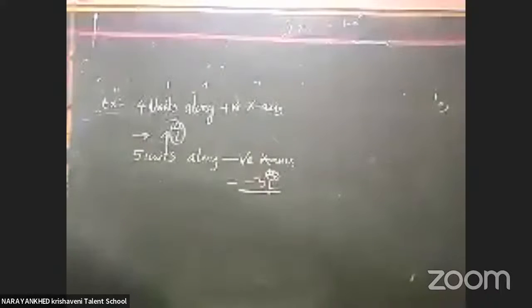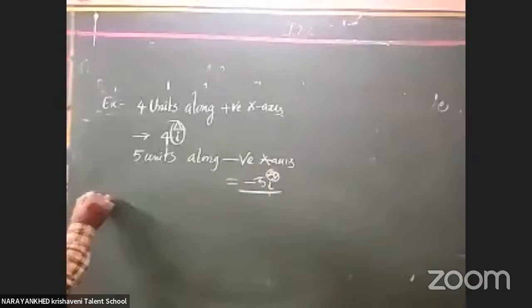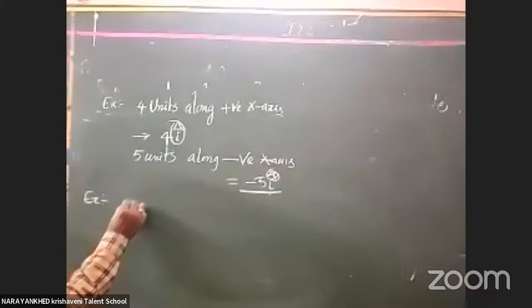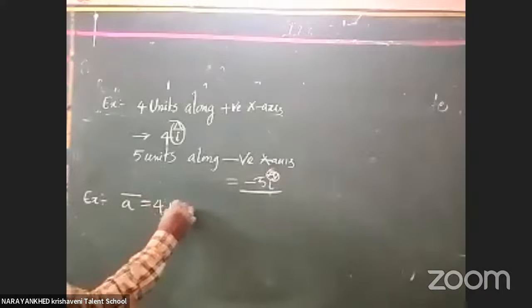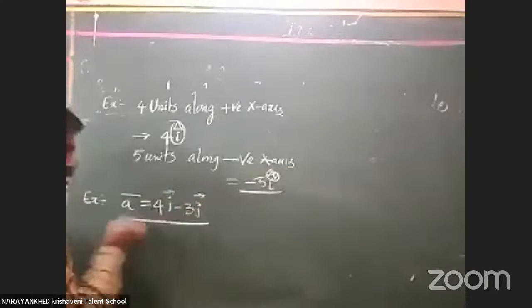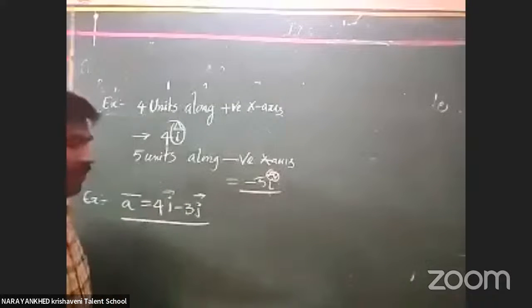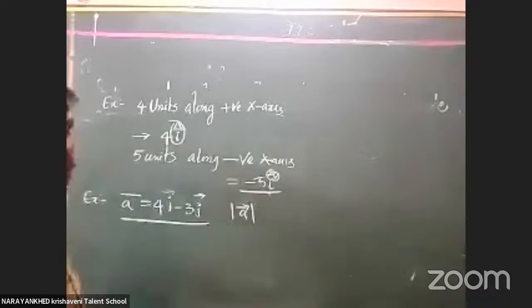Next, after this, we have one more example. A bar is equal to 4î minus 3ĵ. This is one of the vectors given. What is the modulus of this A bar?